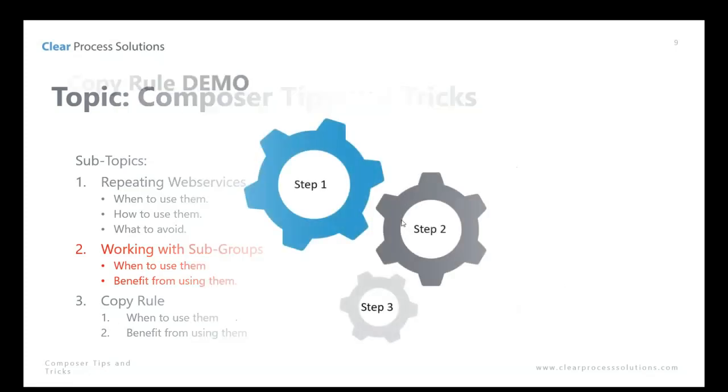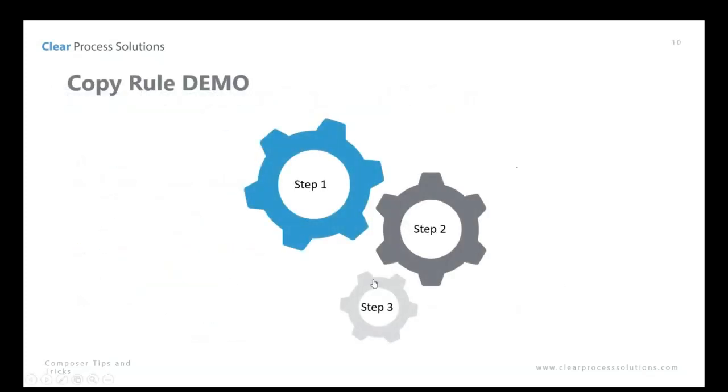Okay. The next topic is the copy rule. This comes up when I work with BP, business partner solutions. Within the BP, they'll have customer company code data, and they'll also have vendor company code data.